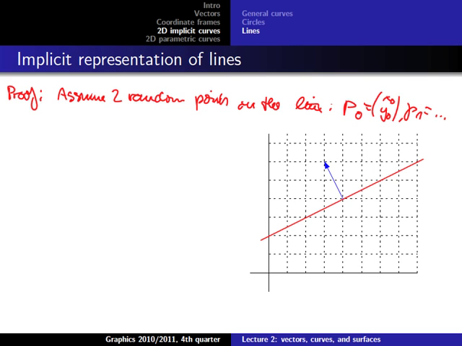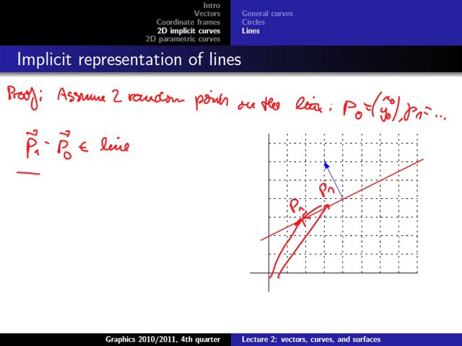And if they are on the line, then of course also p1 minus p0 is on the line. If the points p1 and p0 are on the line, then the difference between those is just this vector, and that is then of course directly on the line.